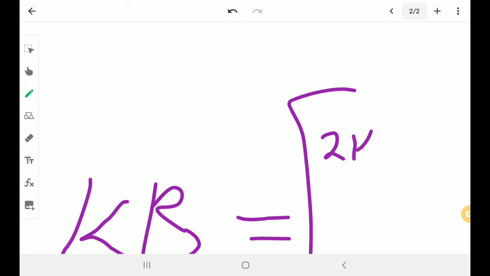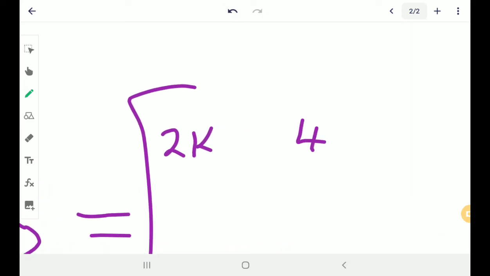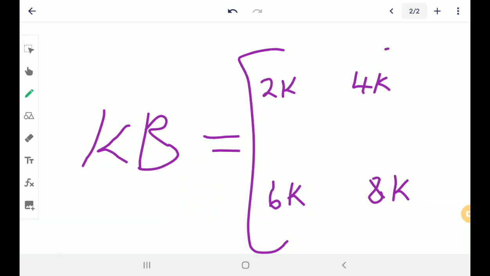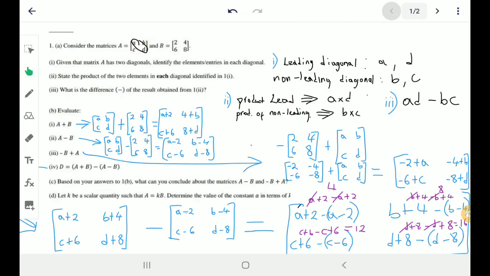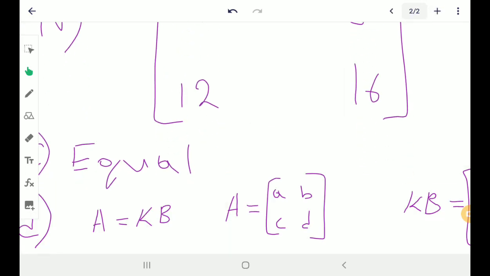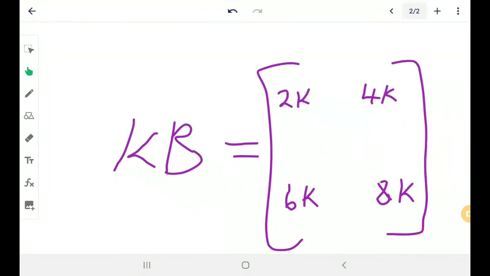So let's write that. 4K, 6K, and 8K. Why? Because if B is 2, 4, 6, and 8, let me remind you what B is. See there? B is equal to 2, 4, 6, and 8. That means KB, which is a scalar number multiplied by B, would therefore be, as we see here, 2 times K, 4 times K, all the elements times K.